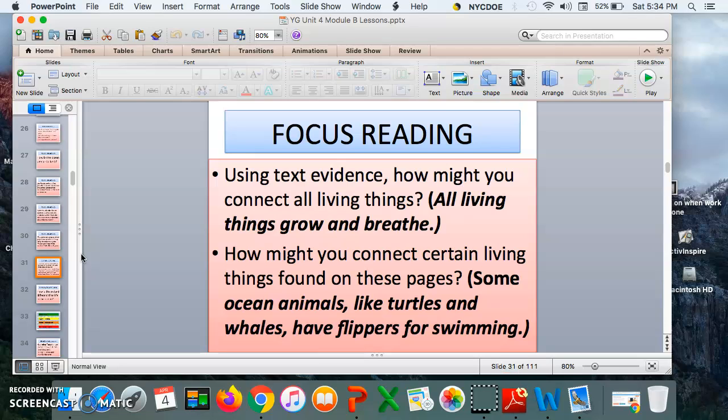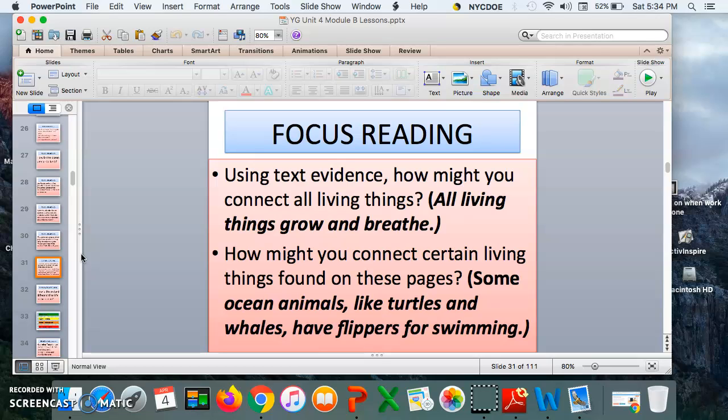All right, boys and girls, now it's time for you to complete your task card. When you're going over your questions, please remember to go back to the text to use text-based evidence to answer your questions. Remember to answer in a complete sentence and also to use parts of the question to answer.